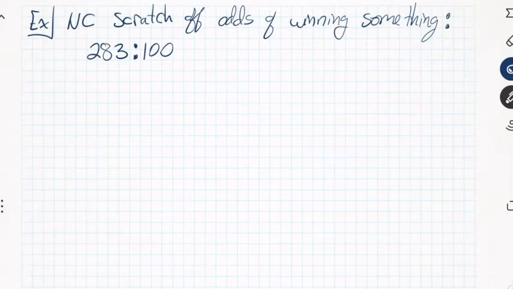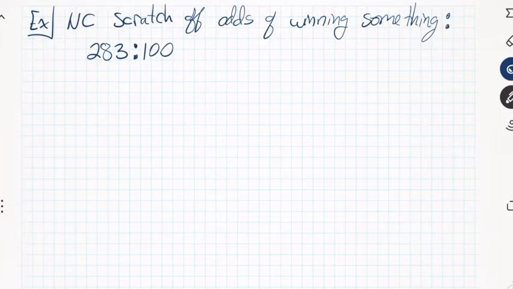I did a Google search for the odds of winning a North Carolina scratch-off game, and I picked one of the best odds that were there. Of course, the ticket cost $30, but these are the odds against. They write it differently. They wrote it, the successes then the failures.